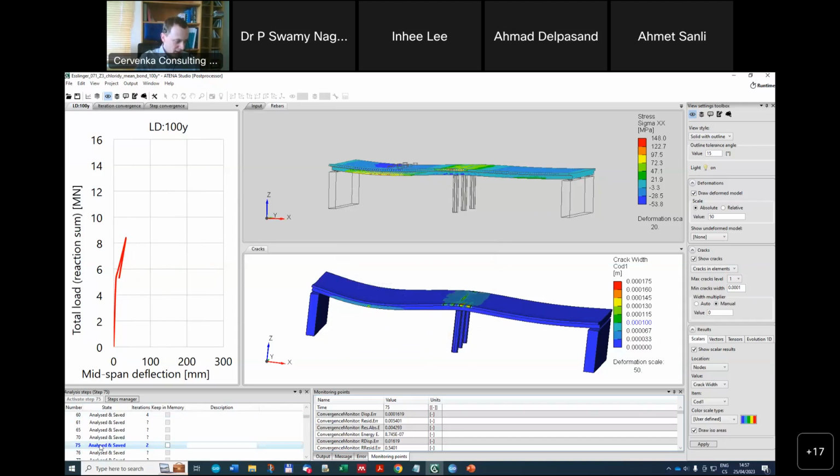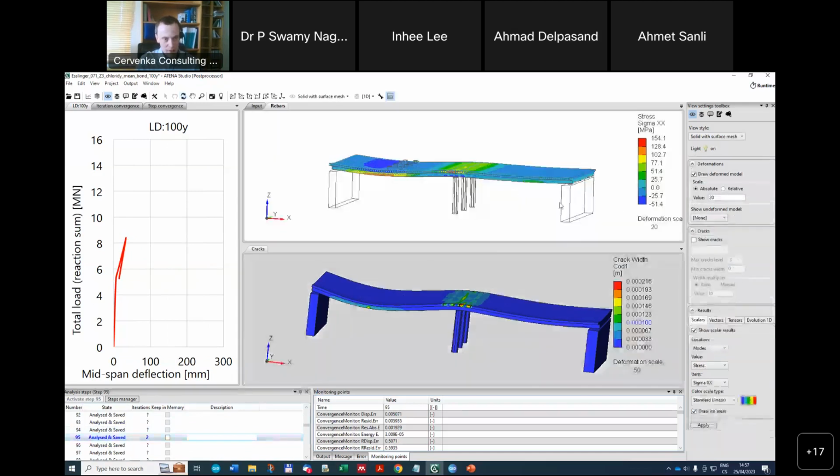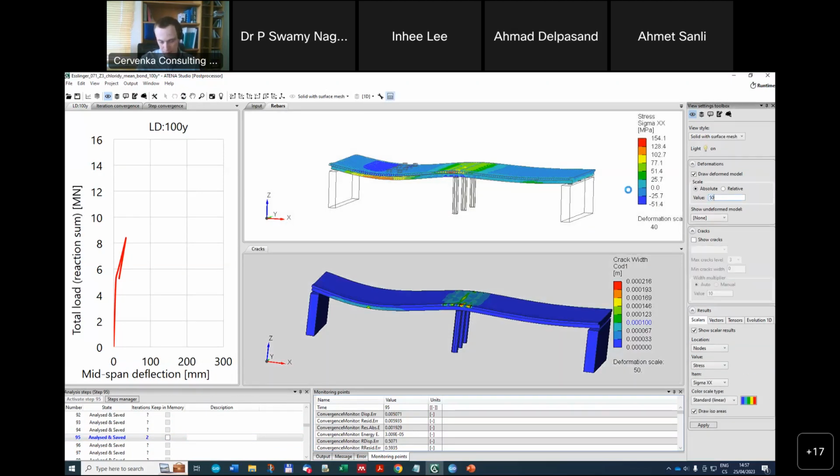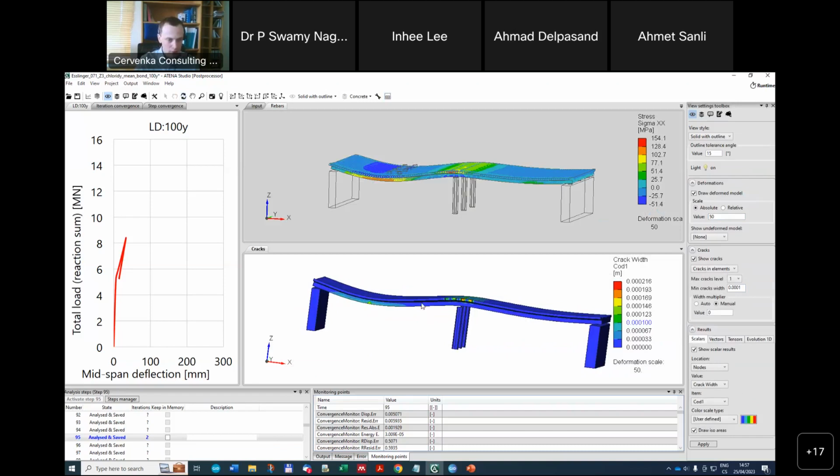And now in 20 steps, so from step 75 to step 95, there is this long-term degradation. So we should observe increase in the deflection. Slightly it was visible. Let me increase the deformation, it's different for the plots.